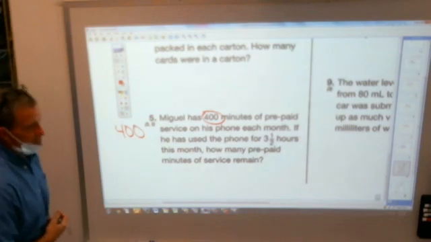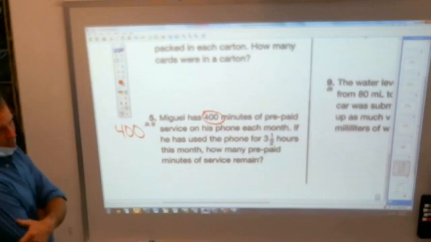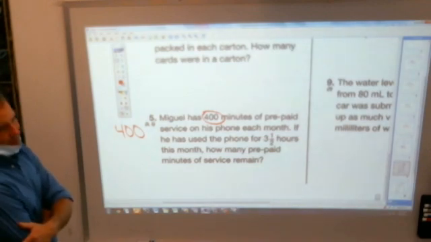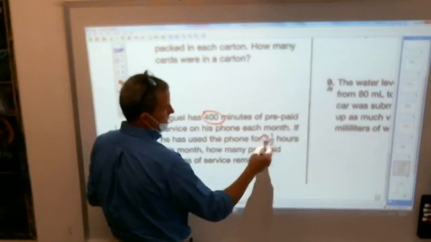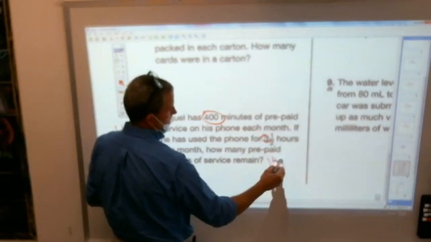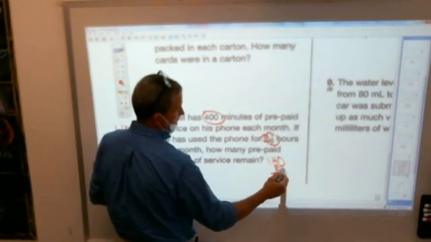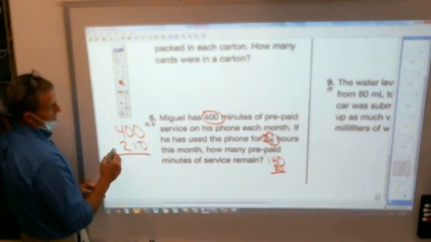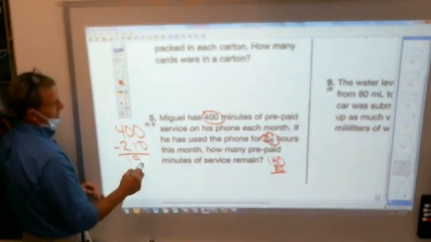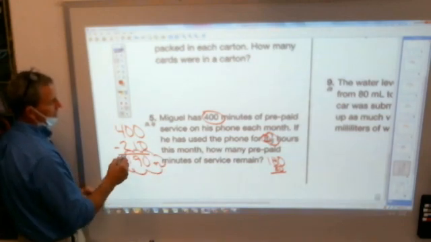He used 3.5 hours, but this is in minutes, that's in hours. We need to change 3.5 hours to minutes. 3 times 60 is 180 minutes. A half an hour is how many minutes? 30. So 3.5 hours is 210 minutes. If I do the subtraction there, I end up with 190 minutes left.